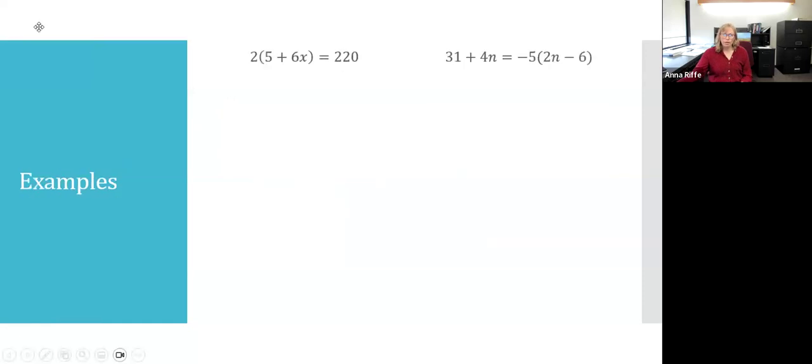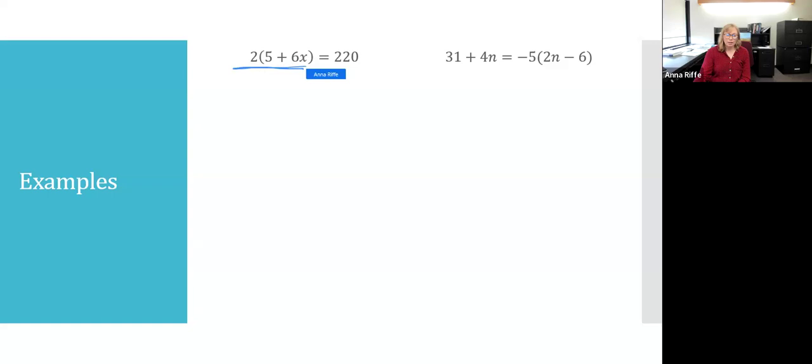Let's say we are asked to solve 2 times 5x plus 6 is equal to 220. I'm noticing that I have a set of parentheses on the left-hand side indicating multiplication of that 2 by whatever's in the parentheses. Before I solve this, I want to simplify that left-hand side.